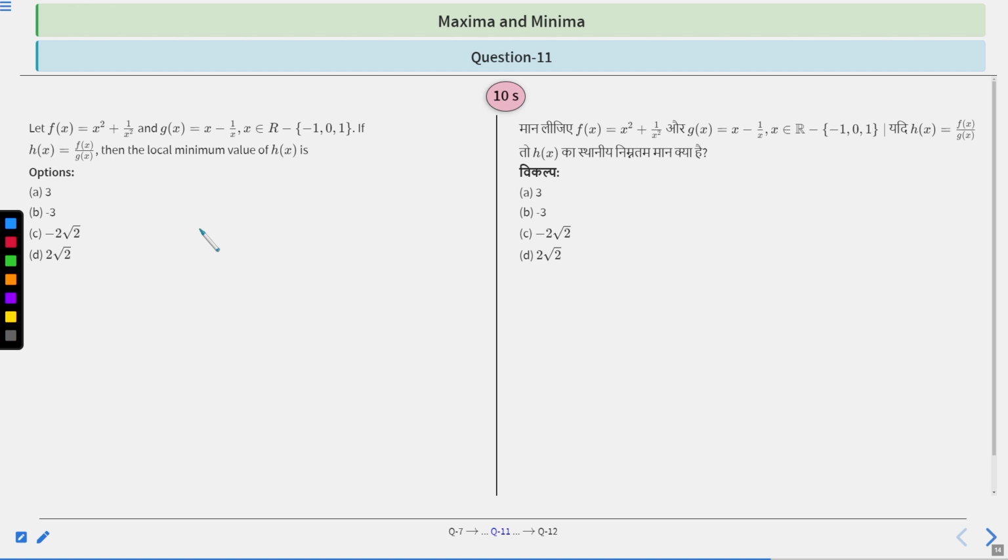So we will see whether we get any shortcut method so that we can reach the answer without differentiation, then we will do that. Otherwise, if we do not get any short form, then we will go with the differentiation. So you can think from both sides and approach this question. You have 10 seconds to solve this question. After 10 seconds, we will discuss the solution.